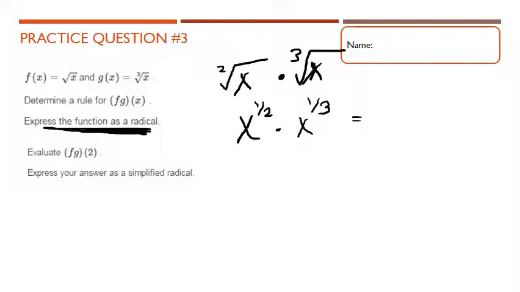Now you could put it in your calculator if you have the multi-view calculator or even Desmos, I'm not real sure about Desmos. Most of the calculators you can just put 1/2 plus 1/3 and get your fraction. You got to keep it in fractional form. So I need to get a common denominator. The number you have in common between 2 and 3 is a 6.